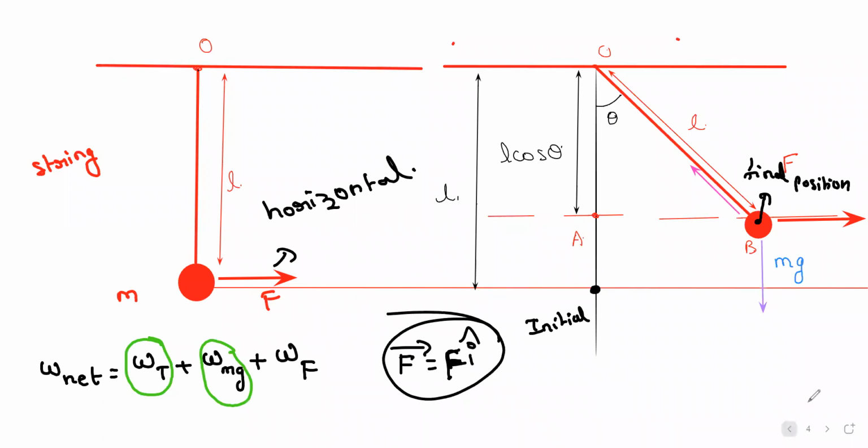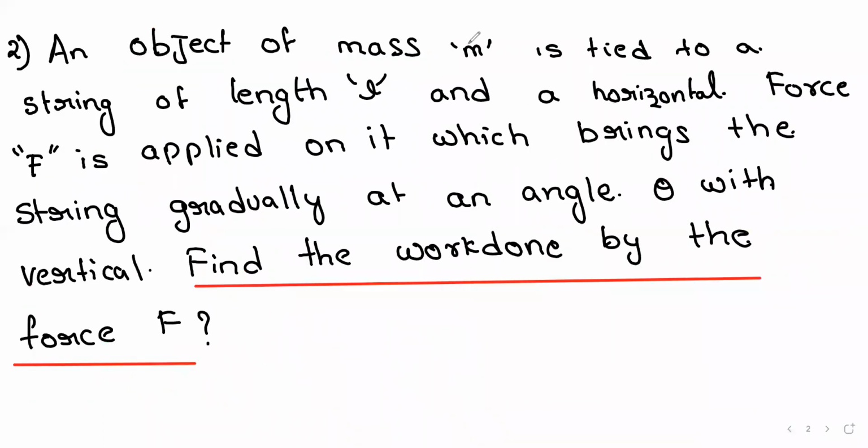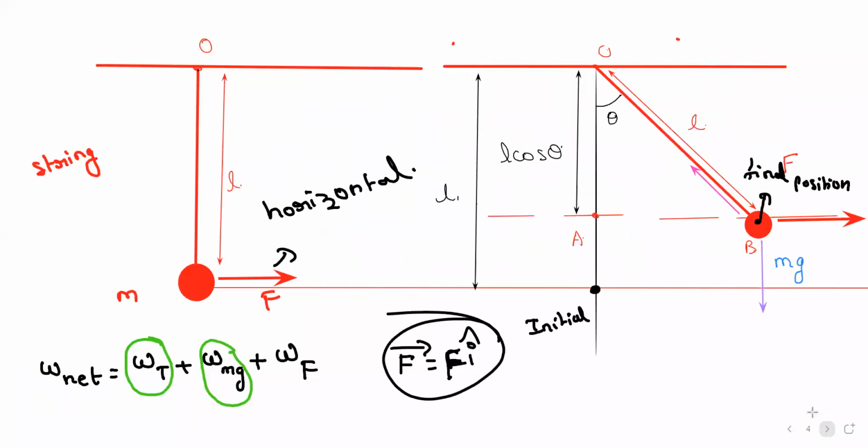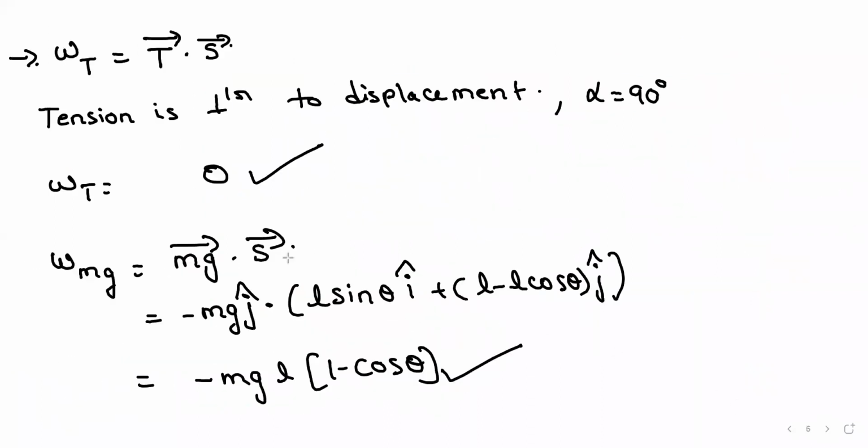Suppose in the question they say that this force is variable instead of horizontal, then can we use work done is equal to F dot S?